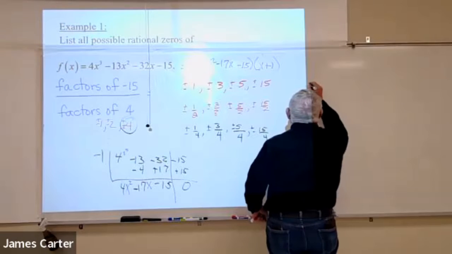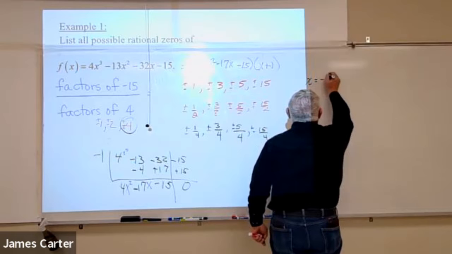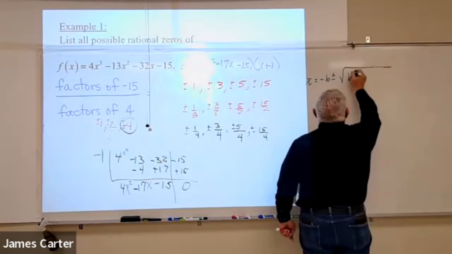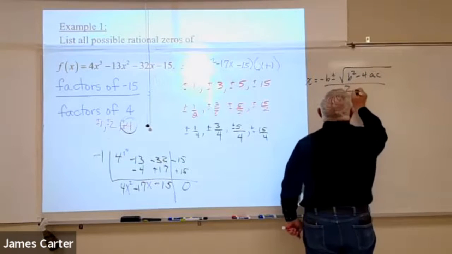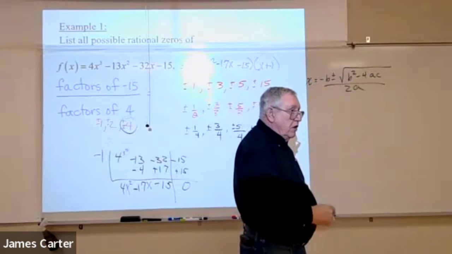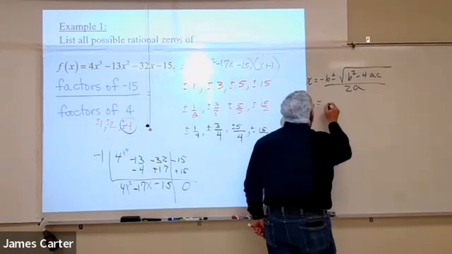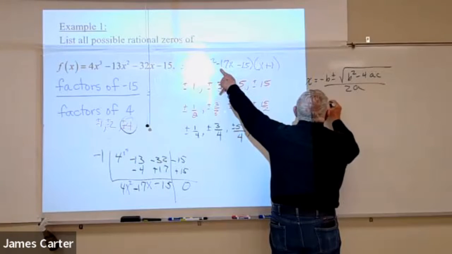We're going to take x equals negative b plus or minus the square root of b squared minus 4ac all over 2a. The basic formula that we've covered previously. Negative b. Well, that's negative 17.